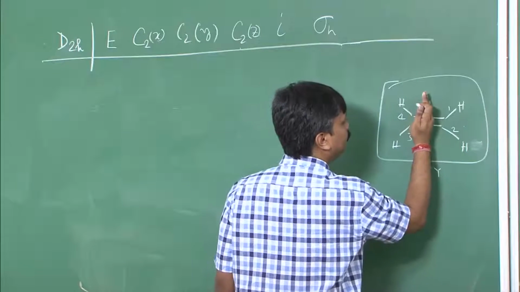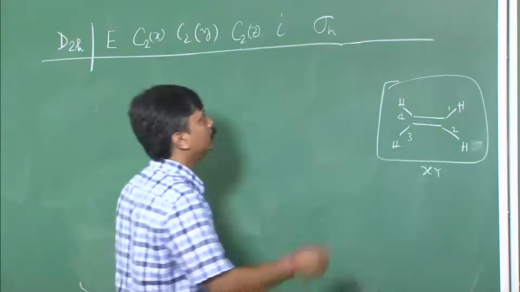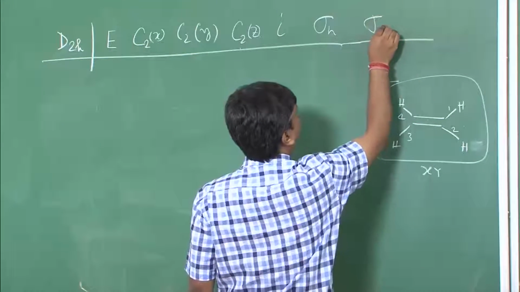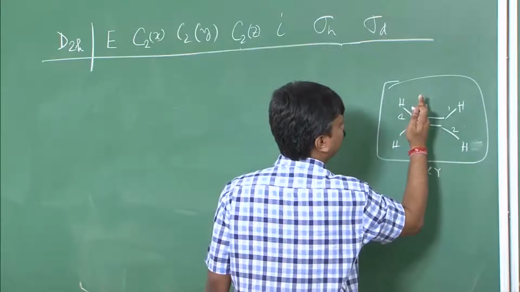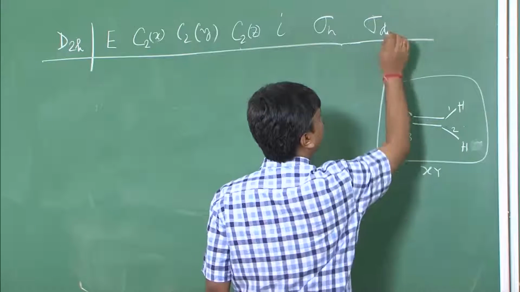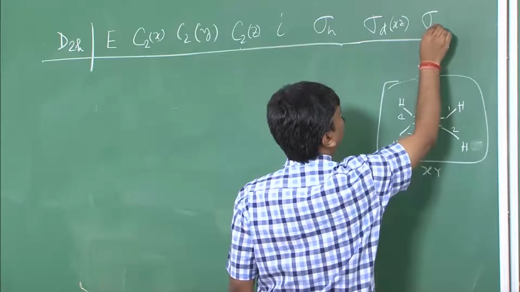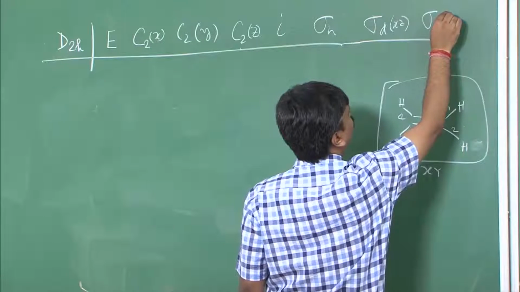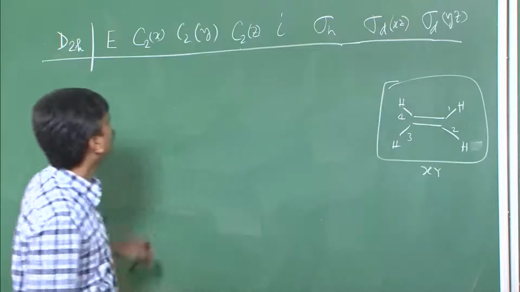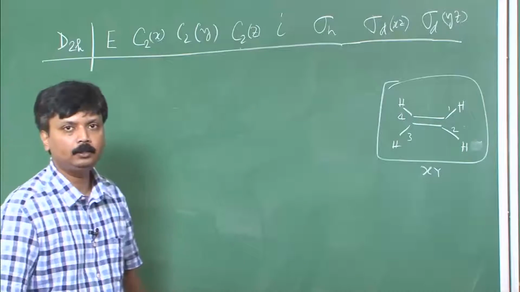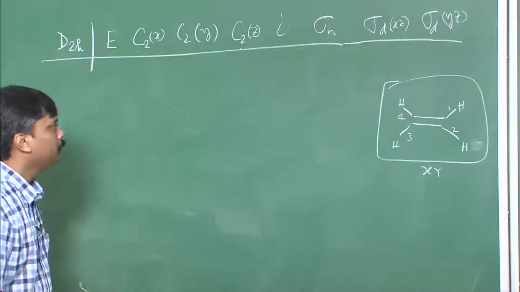So you have one sigma plane here and one sigma plane here, correct. So you have sigma d, you can call one yz and another xz. So sigma d xz, sigma d yz. All right. So altogether you have a total of 8 symmetry operations. Now you have to find out the representation, right?